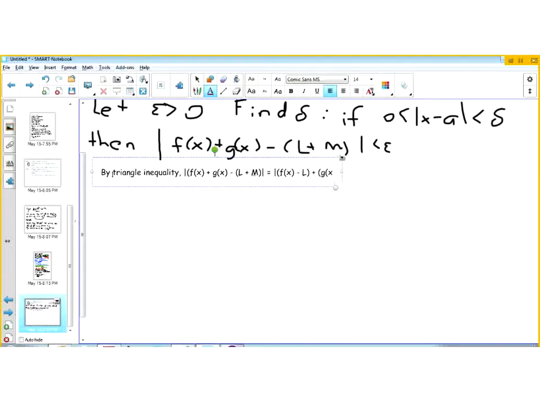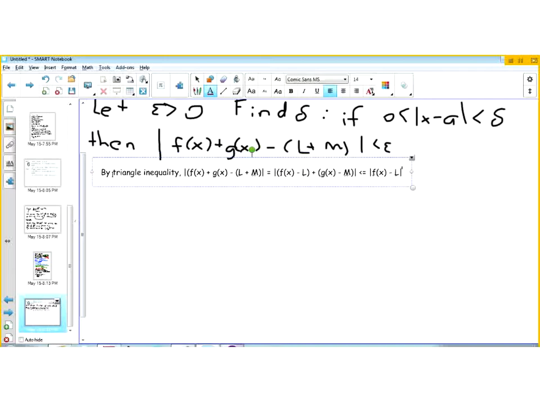This distance is equal to, I'm going to split the sum, or use an associative property technique here, |(f(x) - L) + (g(x) - M)|. So let's do an associative technique at the outset right here.